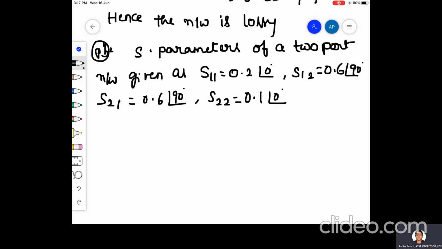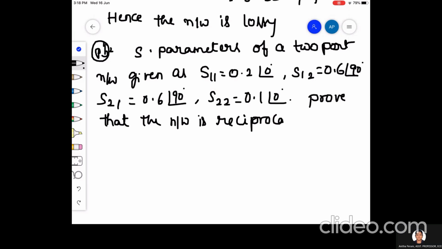You are asked to prove that the network is reciprocal but lossy.